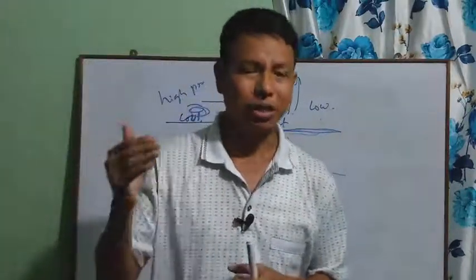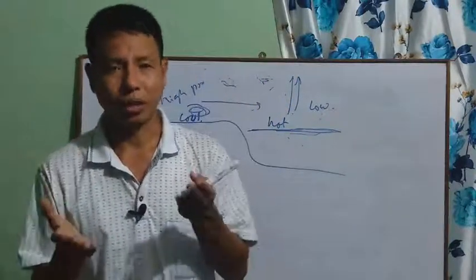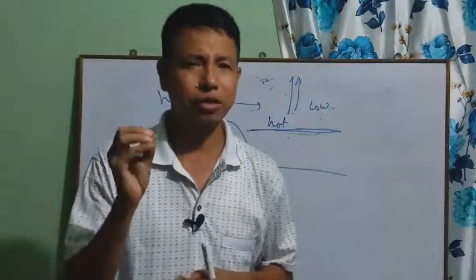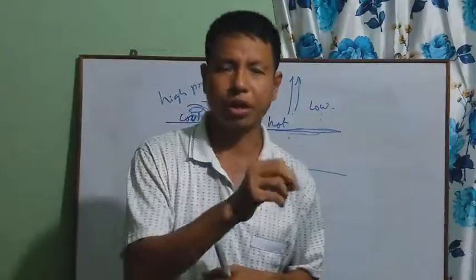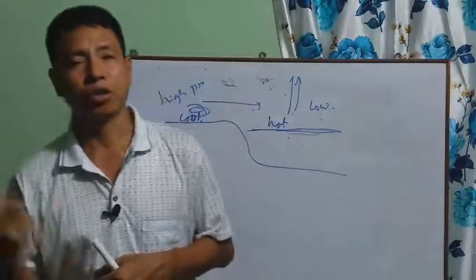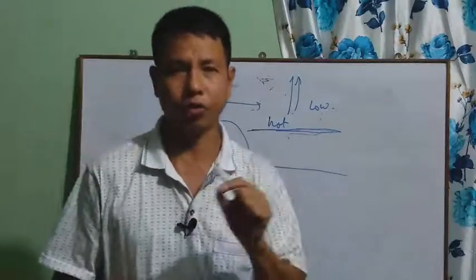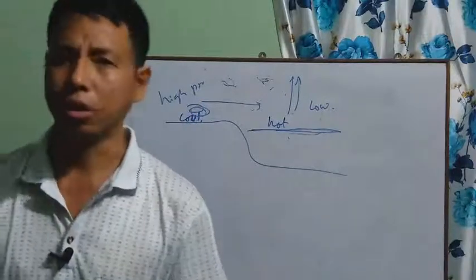In different places in the land area which are unequally heated due to various reasons, the air starts moving from the cool area to the hot area. It is because of that only that we are getting the wind. So this is happening because of convection. Okay, in the next video I will explain about radiation.